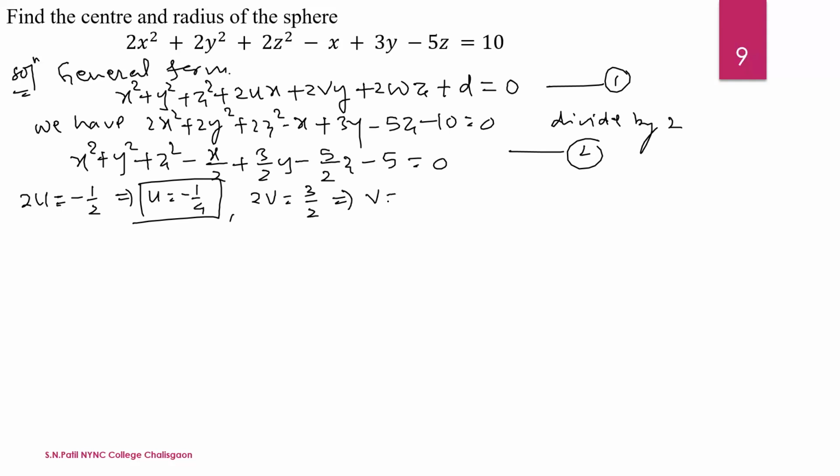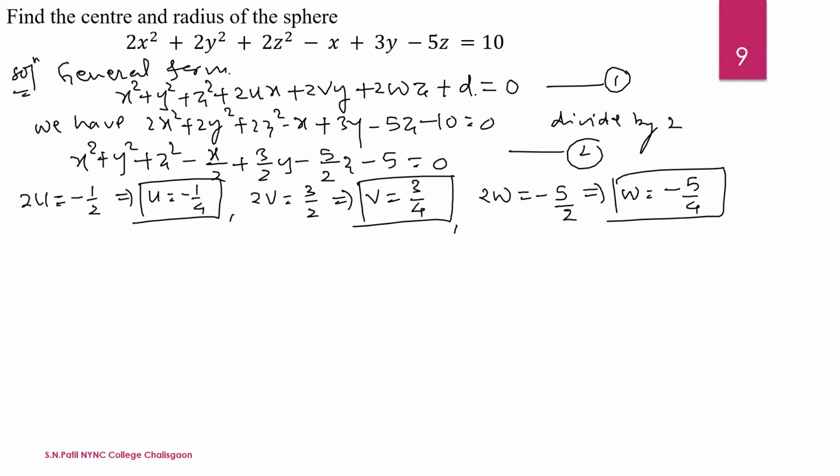We get v is equal to 3 by 4. Now the coefficient of z is 2w, and the coefficient of z is minus 5 by 2. W is equal to minus 5 upon 4. Now equate the constant term. D is equal to minus 5.